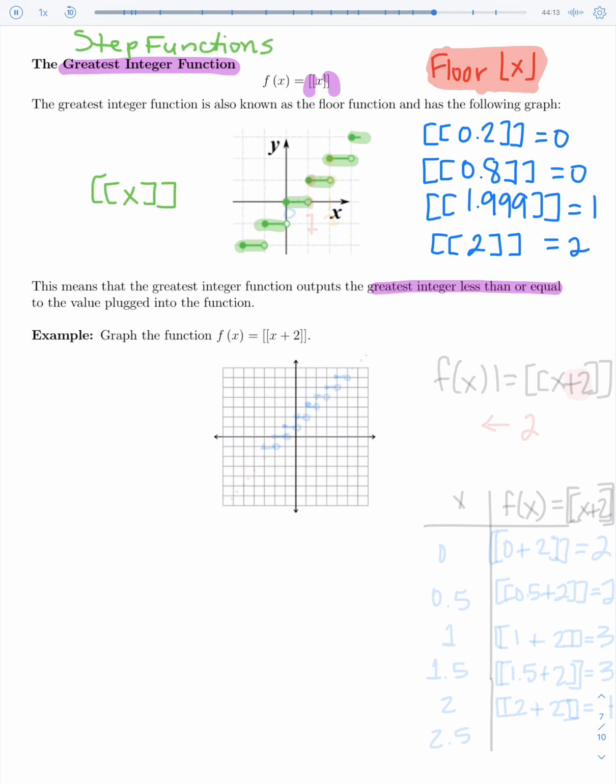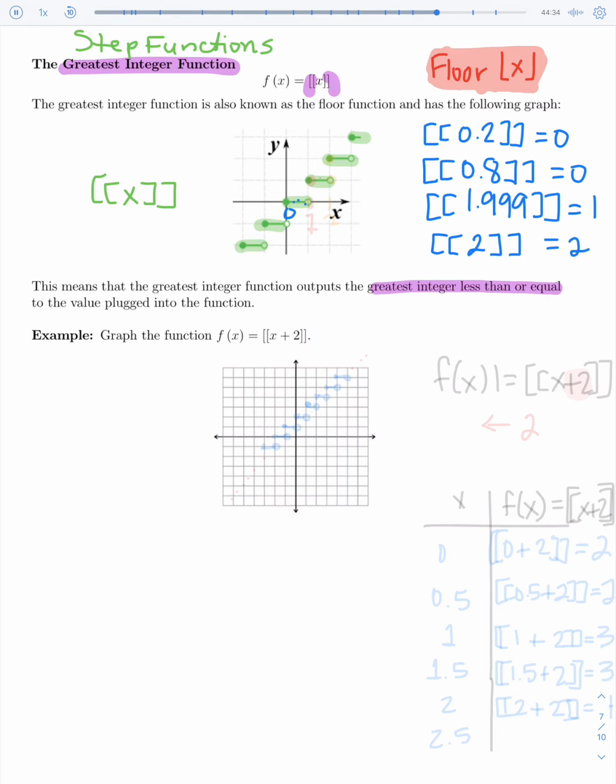And on one side, you'll have a closed circle, and on the other side, you'll have an open circle. And the idea is, here you've got your whole number 0, so 0 stays at 0. Anything in the middle, like 0.2, will round down to 0. 0.5 will round down to 0. 0.9 will even round down to 0.